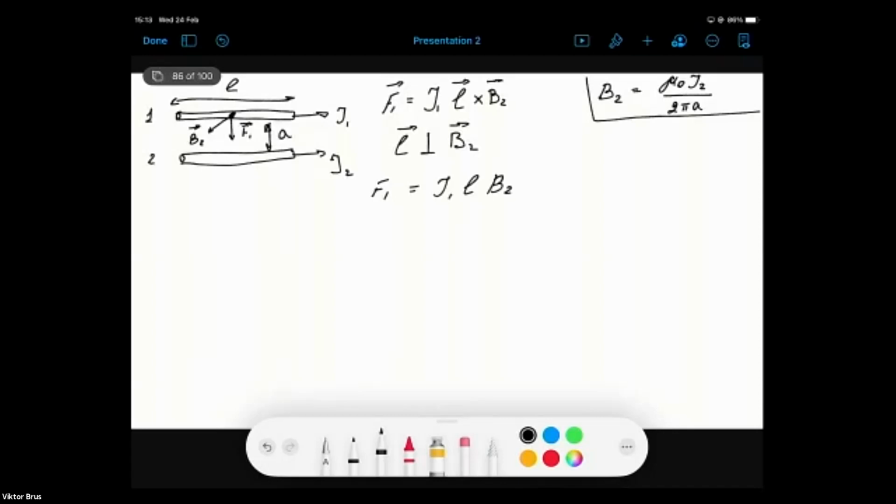Magnitude of the magnetic field vector. So in this case, we can substitute B2 with its expression.